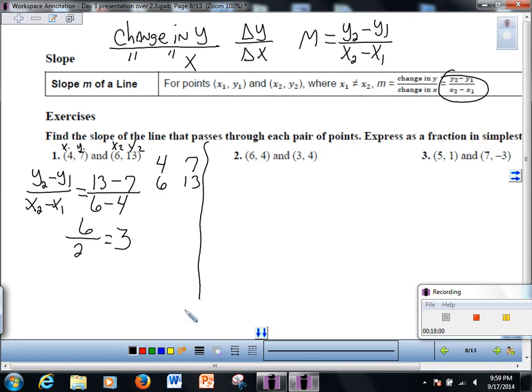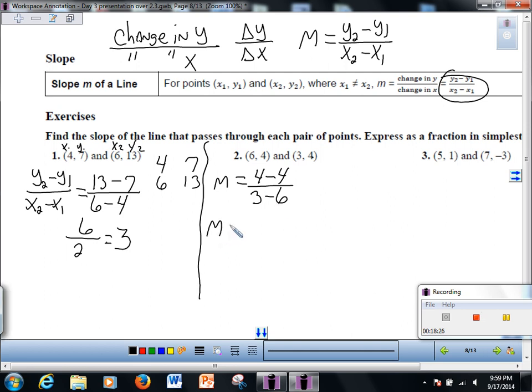I'm going to go my second y value minus my first y value over my second x value minus my first x value. So here's what I got. This one's going to look like slope is going to be 4 minus 4 over 3 minus 6.